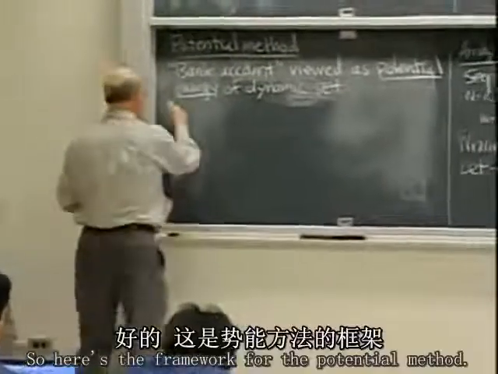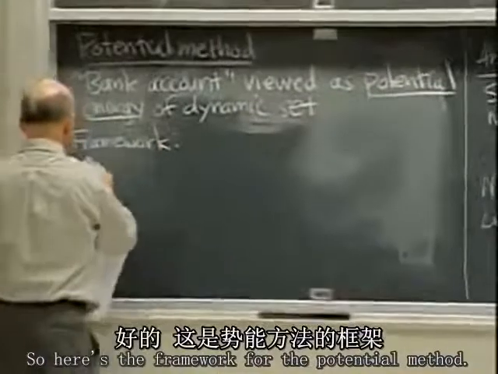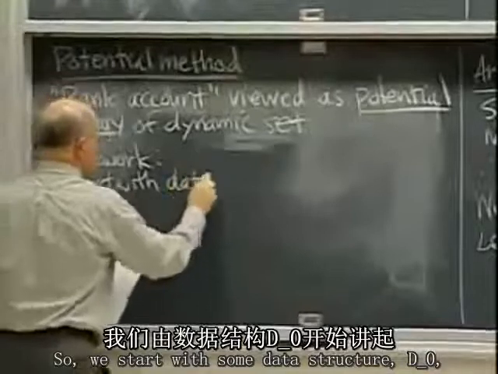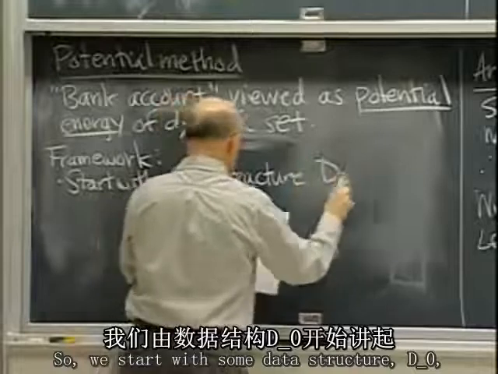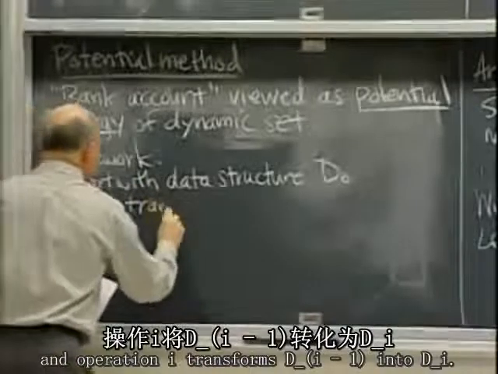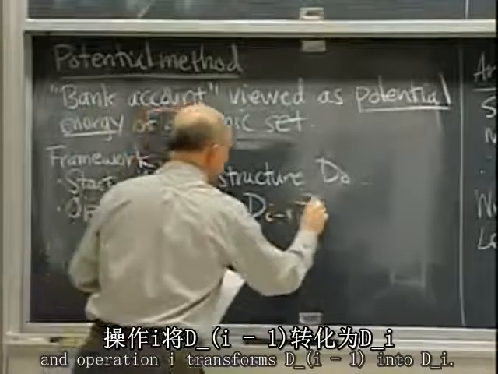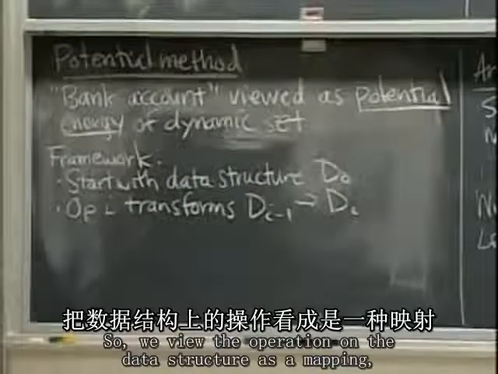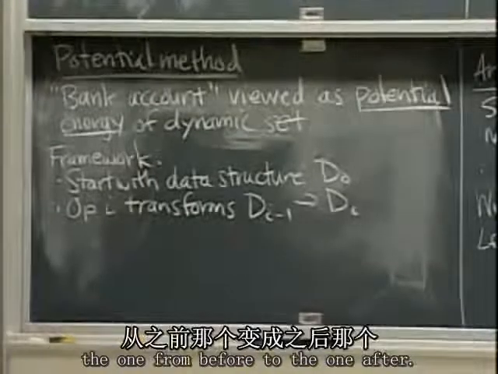So here's the framework for the potential method. We start with some data structure D0, and operation i transforms D sub i minus 1 into D sub i. So you view the operation on the data structure as a mapping from one data structure to another, the one from before to the one after.